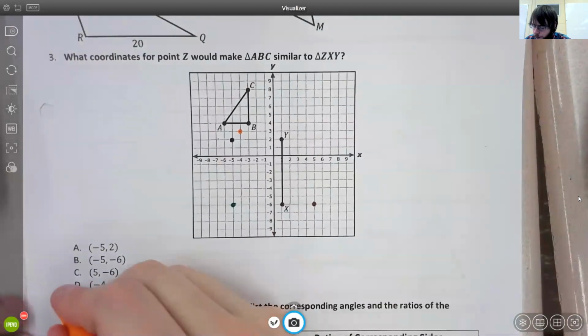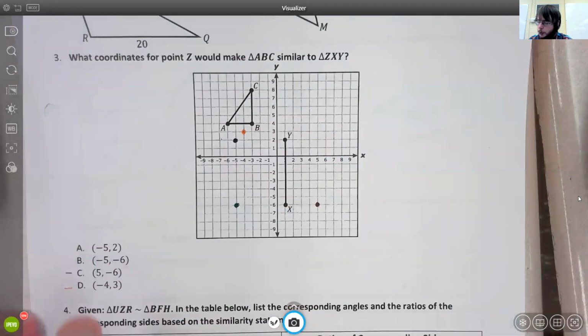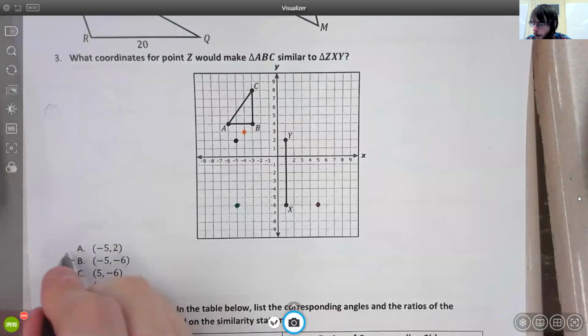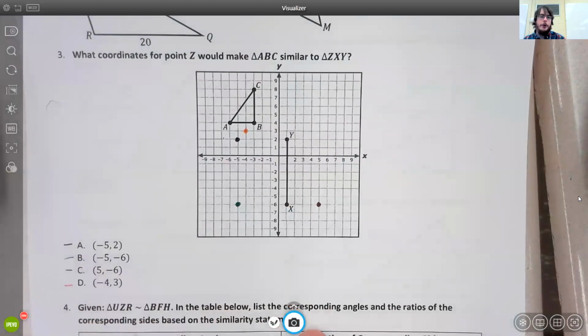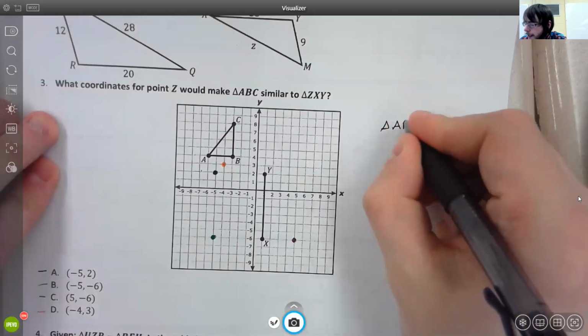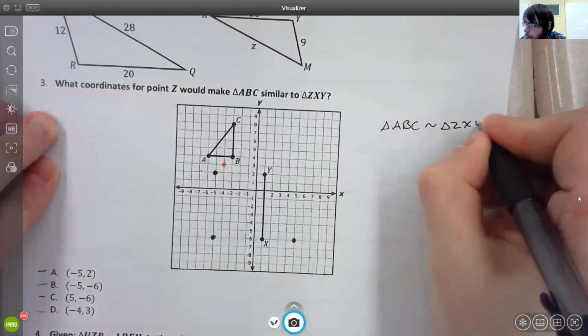Now, I want to show you something real quick about this. It wants us to determine that these are similar, okay? And specifically, it says triangle ABC is similar to triangle ZXY.